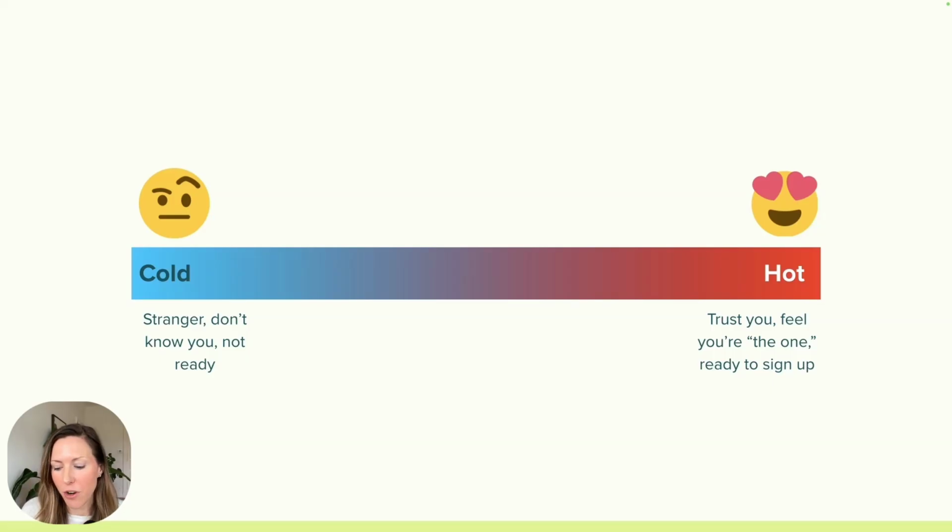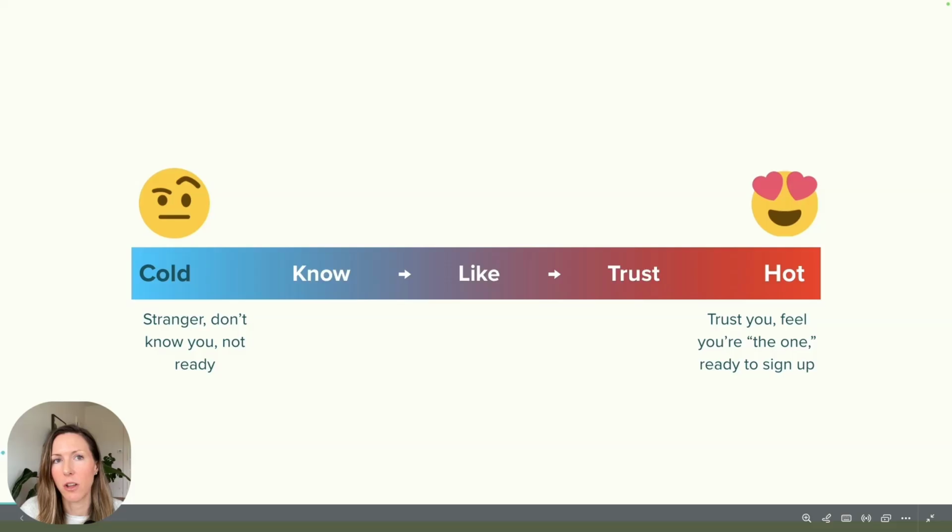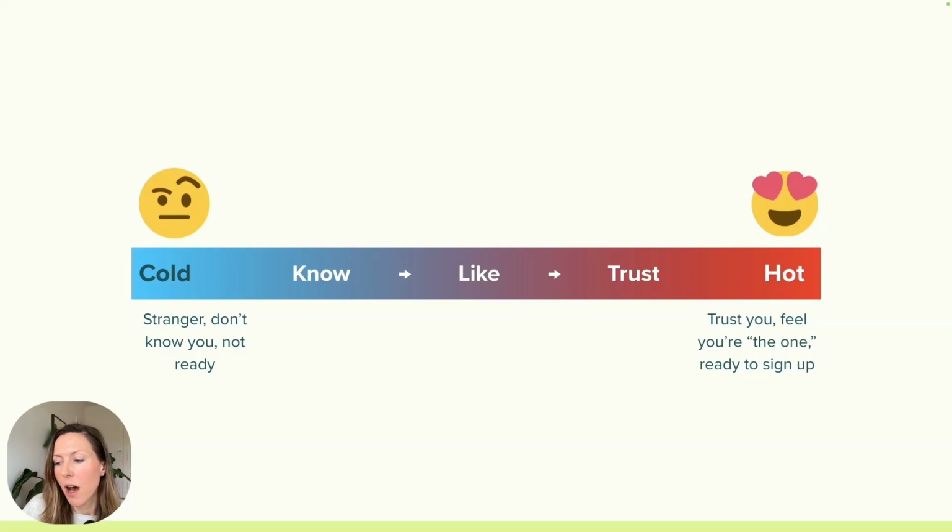So you may have heard this phrase, we want to have the know, like and trust factor built in marketing. That's what's happening along this continuum of someone moving from a cold lead all the way to a warm and hot lead. First, they need to know you. Then they need to like you. And that doesn't mean a popularity contest.